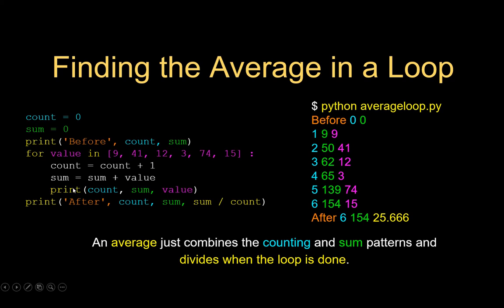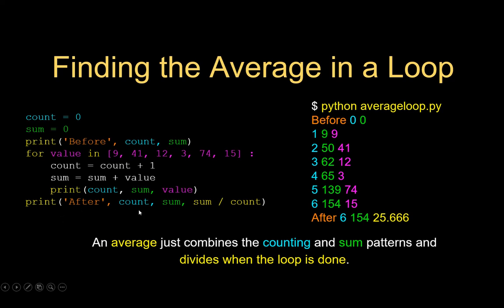At the end of each iteration, we're going to print the value of count, the value of sum, and the value itself, which is which of the numbers we are iterating through in this set. So here are going to be our numbers, and after this loop runs 6 times, we get out of the loop and print after.